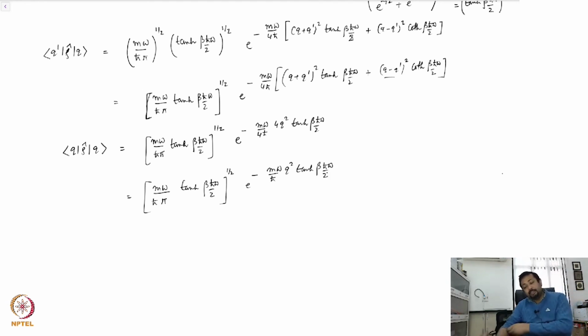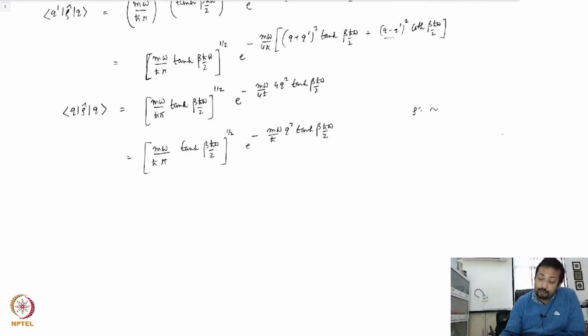Now what do I expect in the classical limit? If I take this system in the classical limit, I would expect that it will have a canonical distribution. Which means that rho of q must go as e to the power minus half m omega square q square over kBT. So therefore, let's look for the case when beta tends to 0, the approximation, which means T tends to infinity, and therefore beta tends to 0 means alpha tends to 0, because I have beta h bar omega.